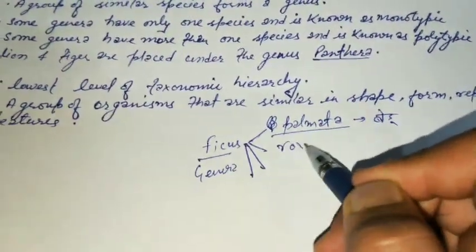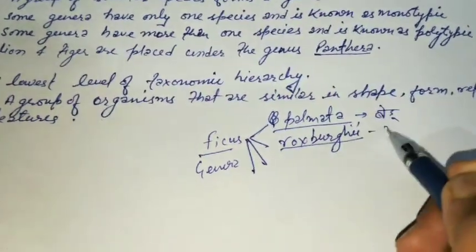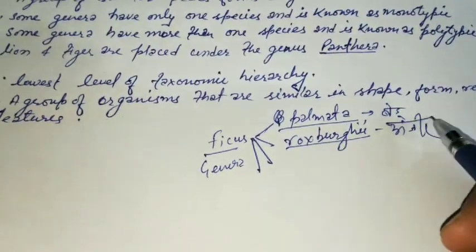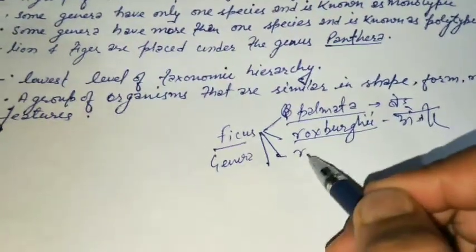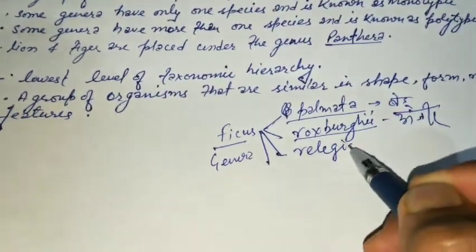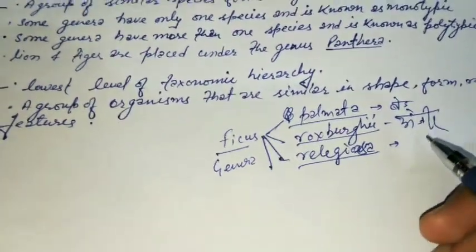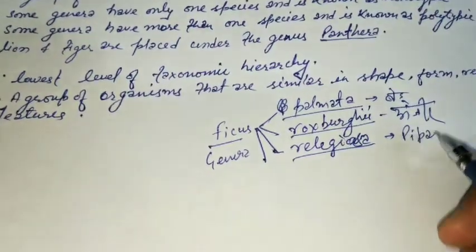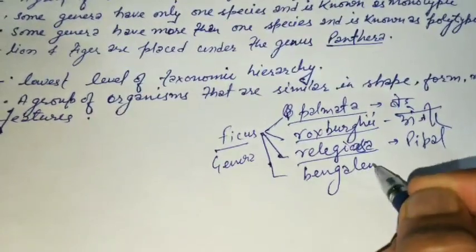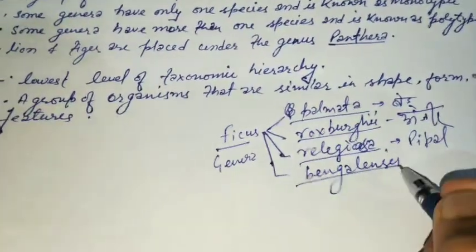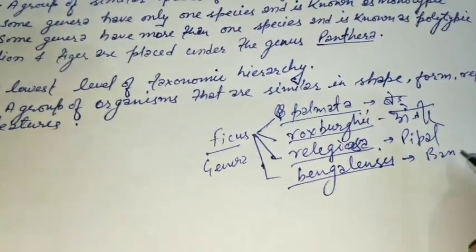Ficus roxburghii, which is the botanical name of anjeer. And then there is Ficus religiosa, which is known as peepal. Ficus bengalensis, which is the name of the banyan tree.